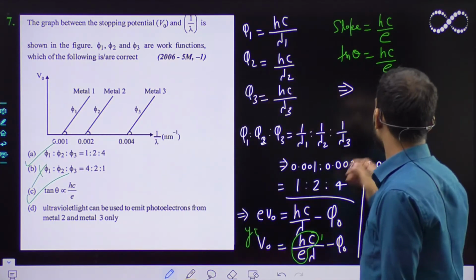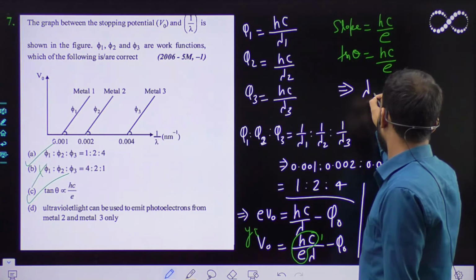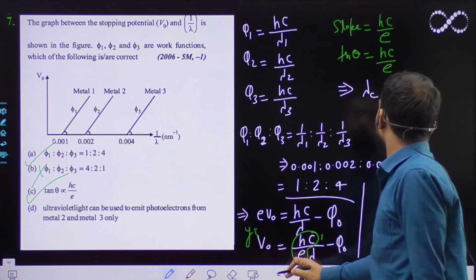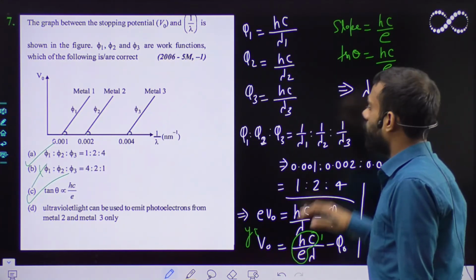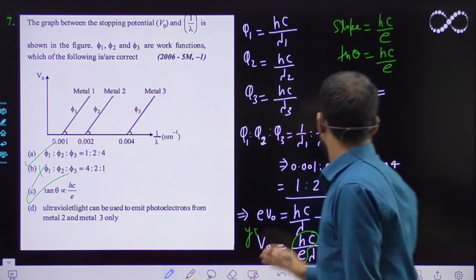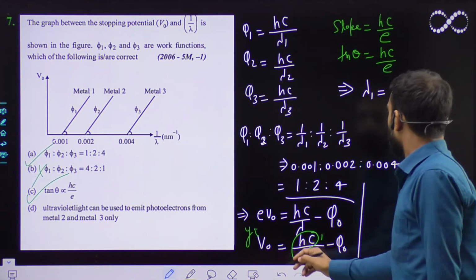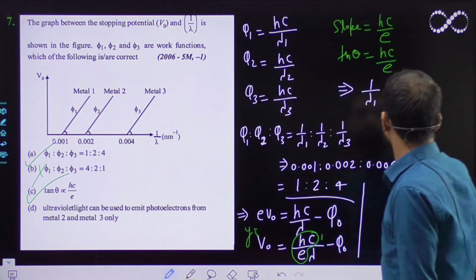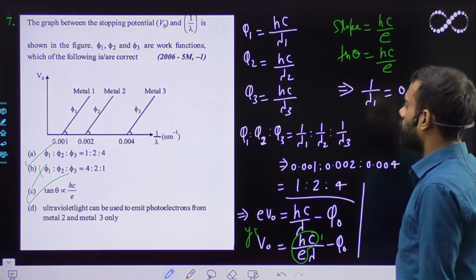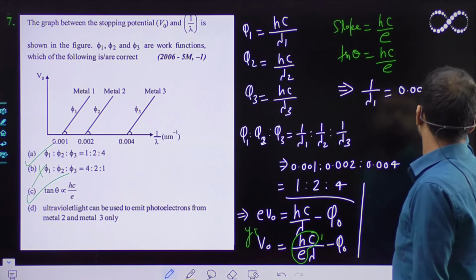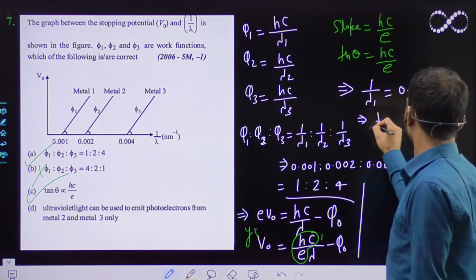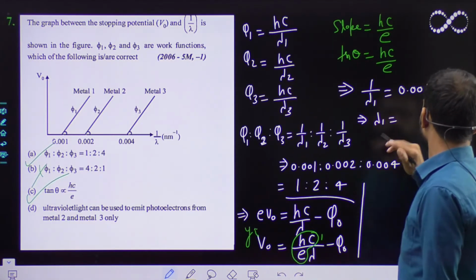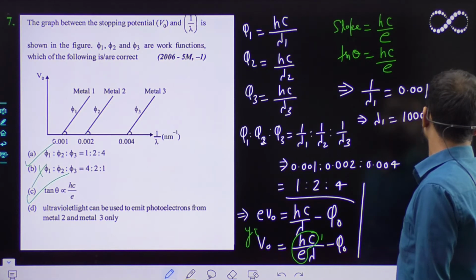For metal 1, lambda 1 is the cutoff wavelength. 1 upon lambda 1 is given in the question as 0.001 nanometer inverse. Taking the reciprocal, lambda 1 will be 1000 nanometer.